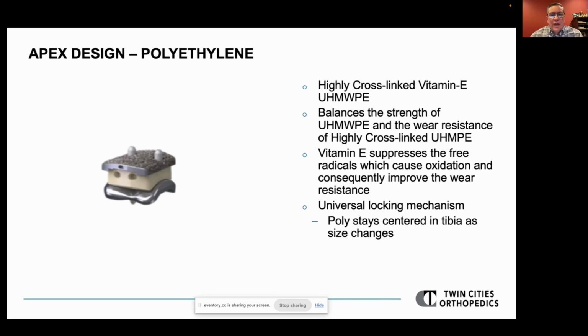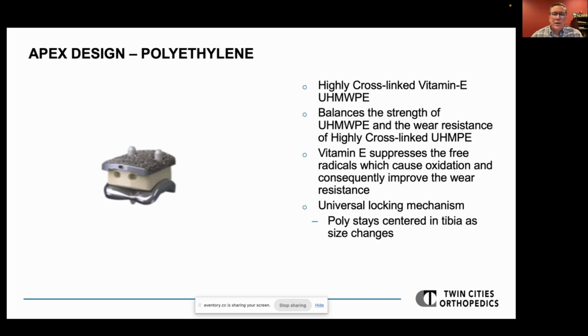Not to go into a polyethylene discussion necessarily, but when we have ultra high molecular weight polyethylene and then highly cross-link it with vitamin E included to suppress the generation of free radicals, which can cause oxidation, that consequently improves the wear resistance of the polyethylene. So having this option was certainly something that spoke to me about this implant specifically.